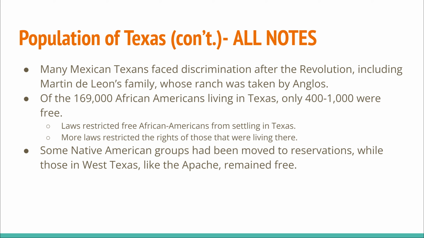Further than this, Texas is going to pass some laws that restrict free African Americans from moving to Texas. So things like the Homestead Act that allowed poor people to get land that they maybe could not afford anywhere else in Texas, that is not going to apply to African Americans. The people in Texas do not want more free African Americans living there.